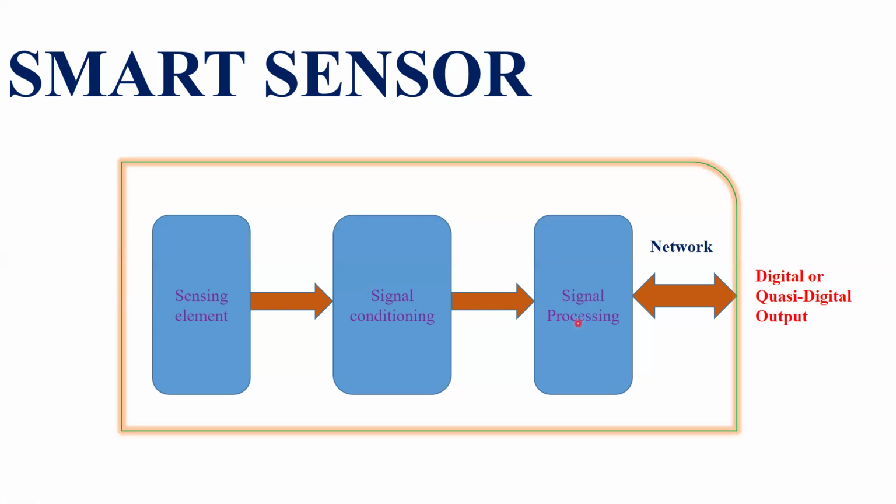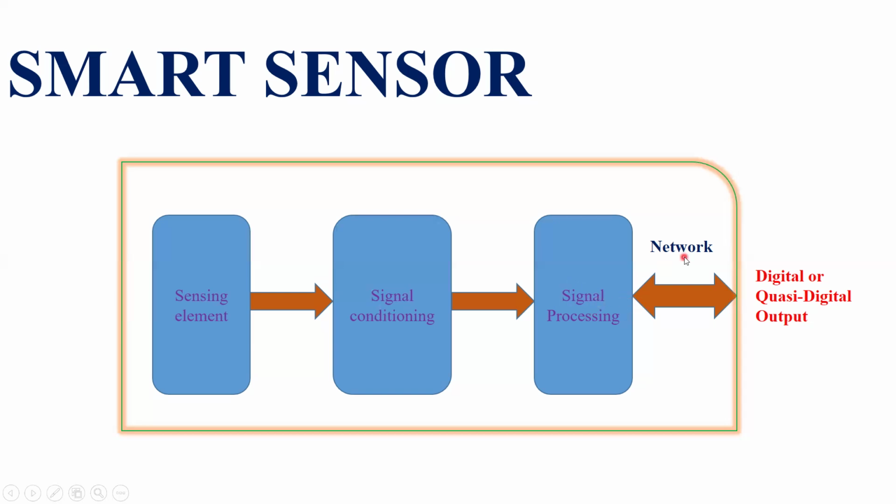This signal processing unit could be your analog to digital converter, for example, or a data logger, or a microprocessor along with a memory and/or an FPGA, field programmable gate array. So basically you are preparing your data to be processed by this unit for further preparation.